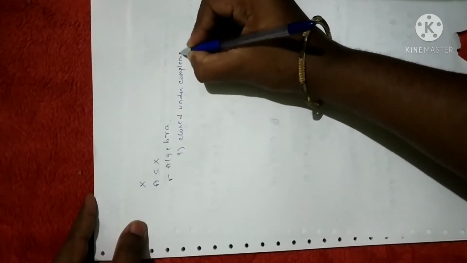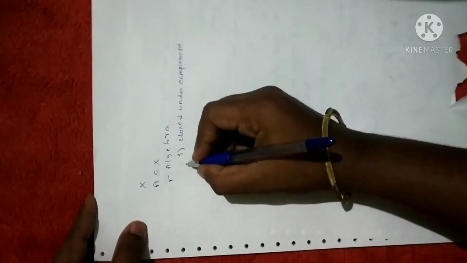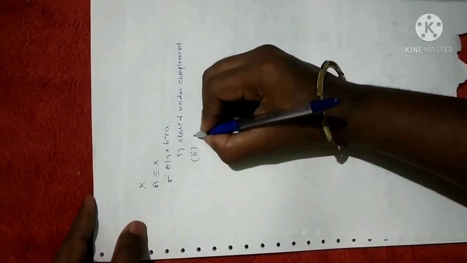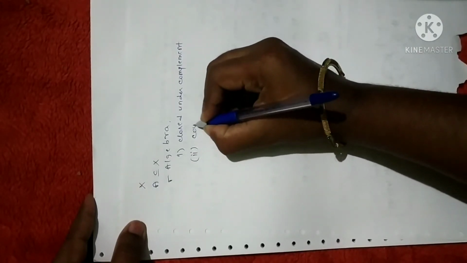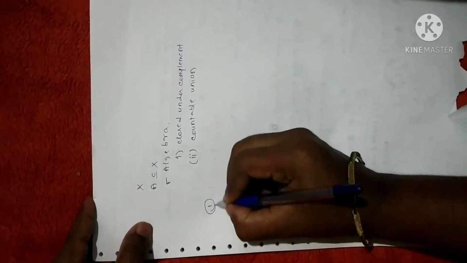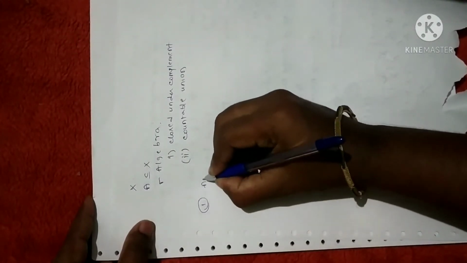In the sense, when you take complements, they should belong to the given subset, as I said earlier. And the second condition is that it should be closed under countable union.